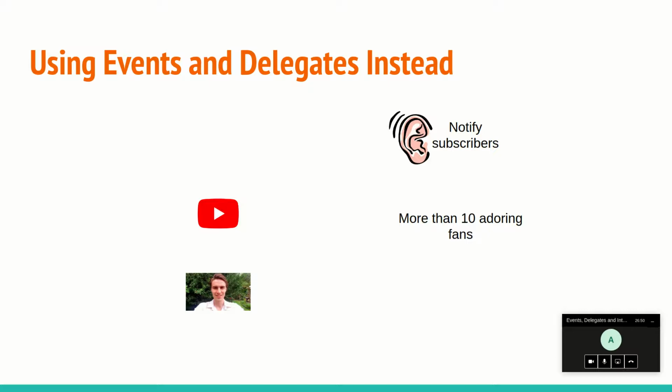So the idea is that we'll go to notify subscribers' ear and we'll say, this is what you're looking for. And we promise that when this thing happens, it will sound and look like this. It'll function in this way. And how we define that little signature or that contract is called the delegate.